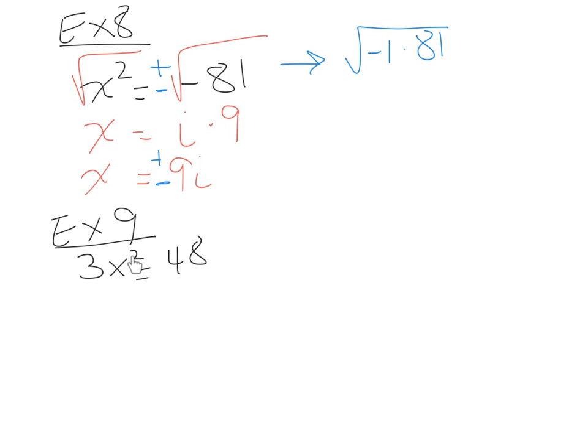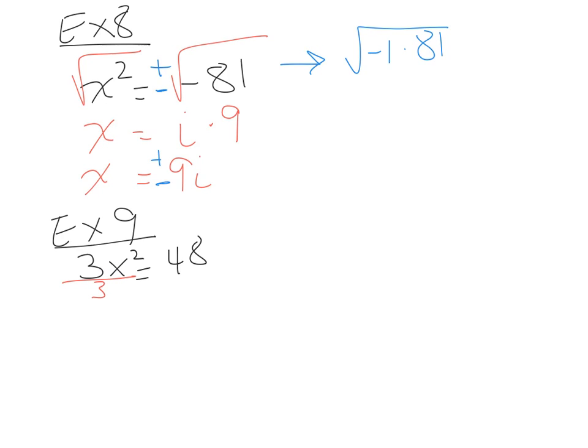All right, you know we want to use a square root to get rid of this square, but if we do it now, we end up with this 3 underneath the square root, and we don't want that because we want to isolate this x and just have the x under the square root. So let's get rid of this 3 first. In other words, do not use the radical until you have isolated the x squared.